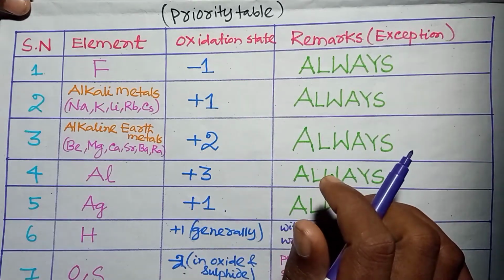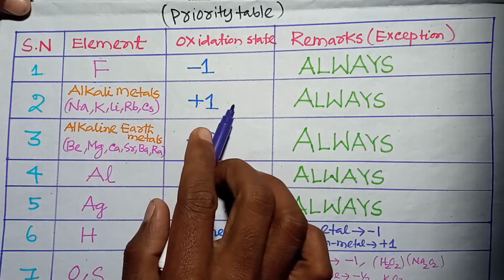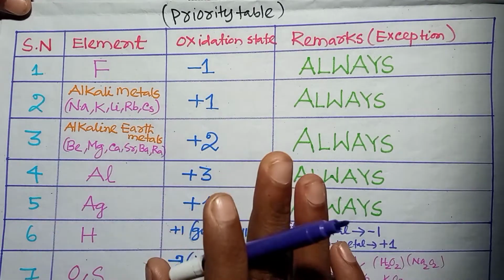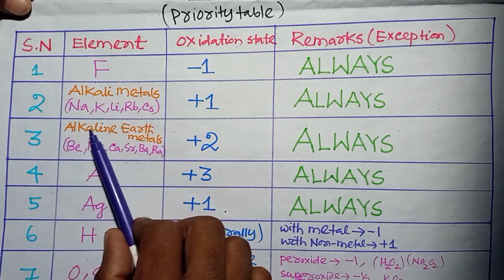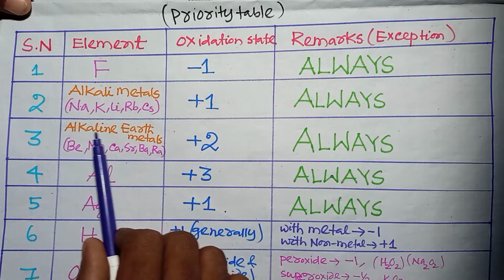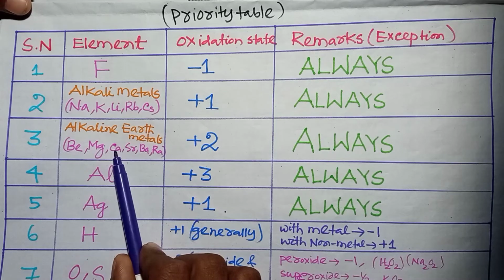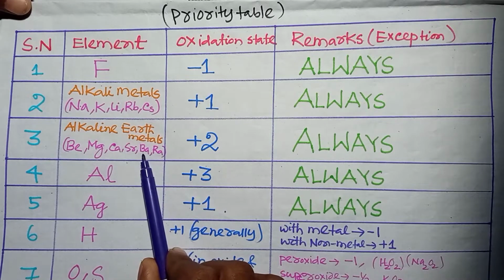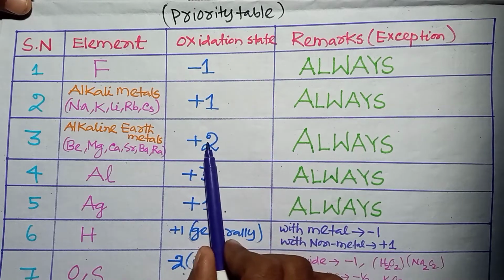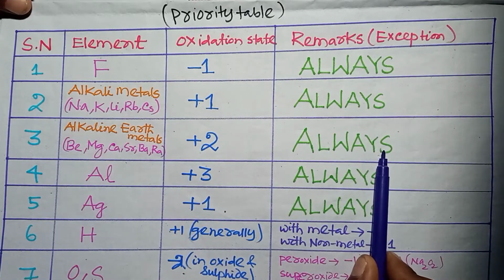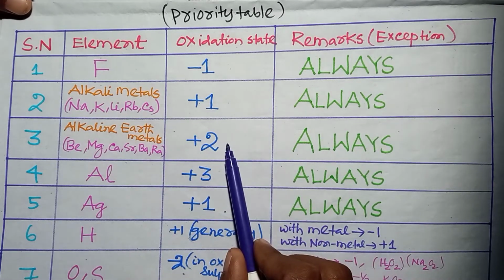Similarly, serial number 3 is the alkaline earth metals, that means beryllium, magnesium, calcium, strontium, barium, radium, etc. Their oxidation state is +2 and it is also always.